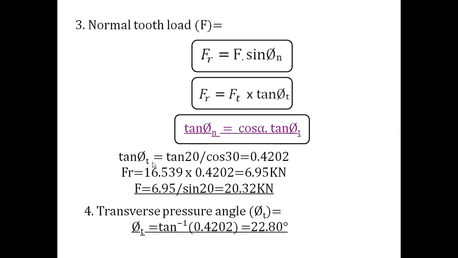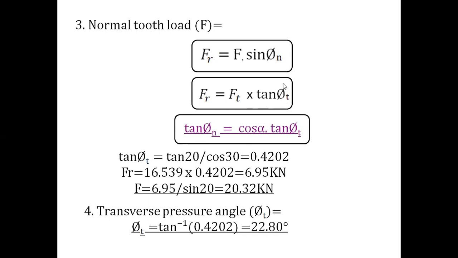Okay, tan phi t is equal to tan phi n, where the normal pressure angle is given as 20 degrees, divided by cos of the helix angle, which is given as 30 degrees. So tan phi t is equal to 0.4202. We are getting here. Okay, tan phi t.